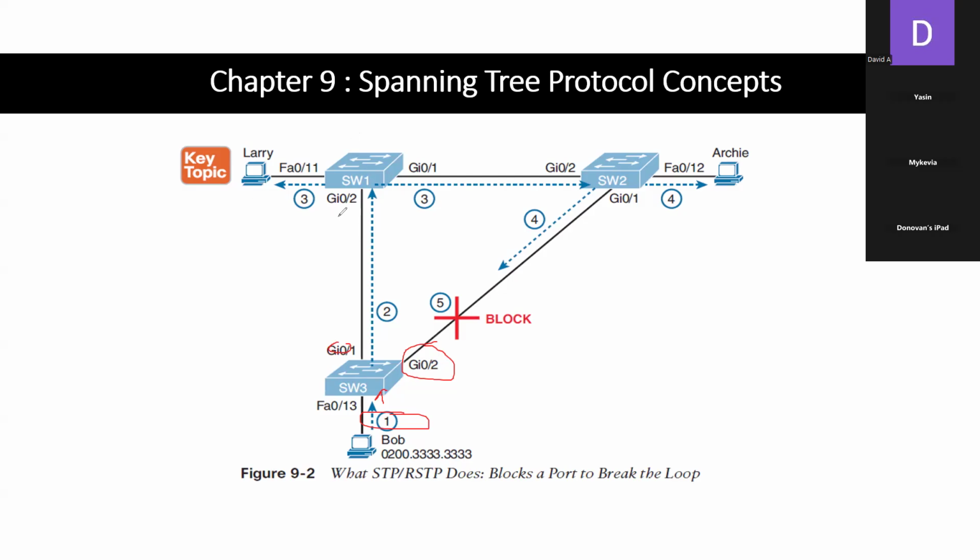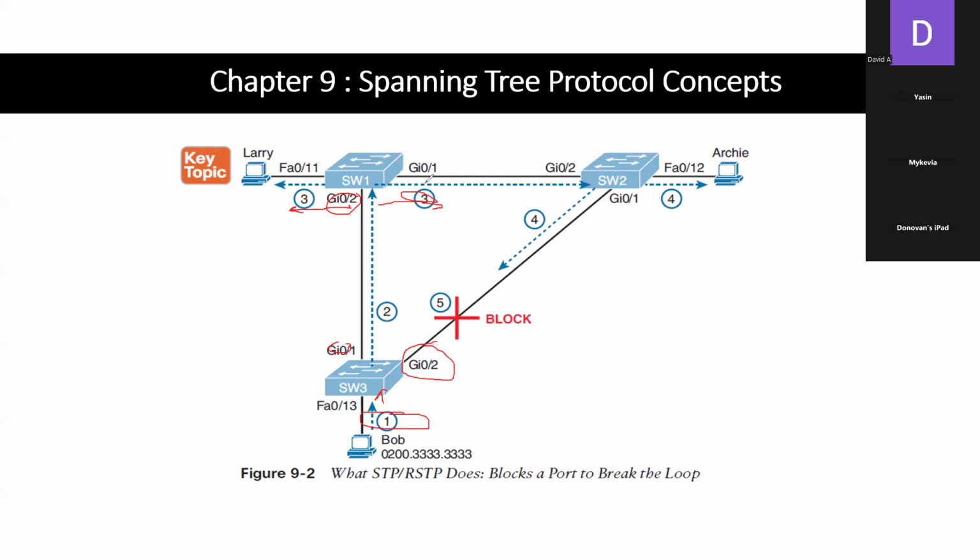Step 3. Switch 1 is then going to flood the frame. Since the destination is unknown, it's going to flood it out of all of its ports except for the port that it received the frame on. It received the frame on gigabit 0/2, so it's not going to forward it out of that.